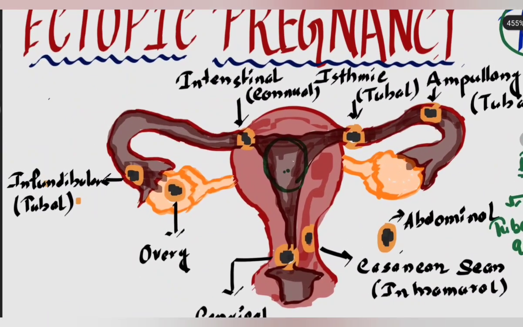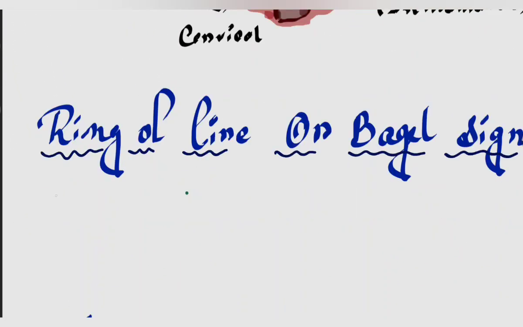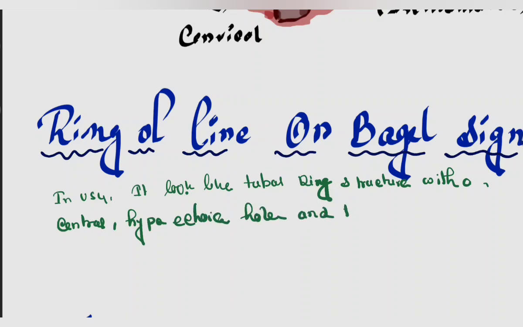Ectopic pregnancy is also called the ring of fire or bagel sign, because in ultrasonography it looks like a tubal ring structure with a central hypoechoic hole and a thick echogenic rim.